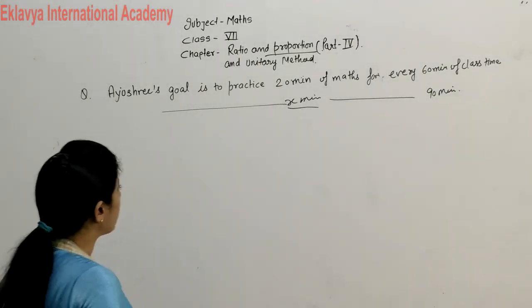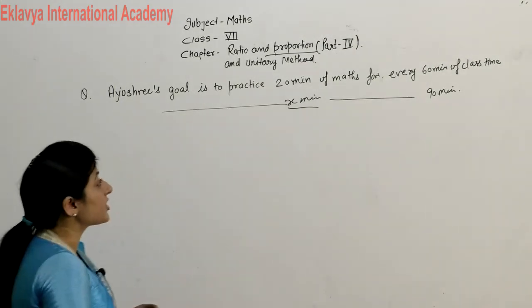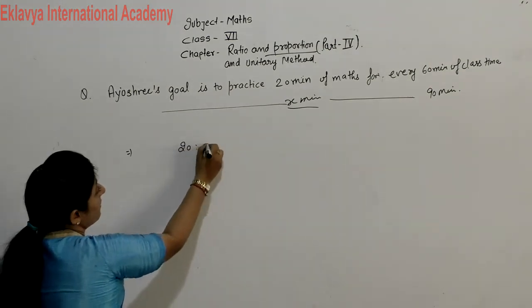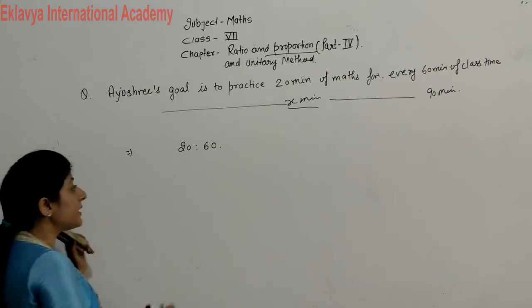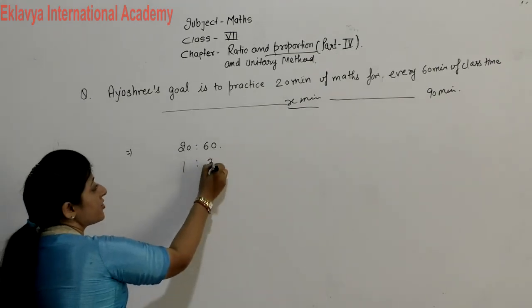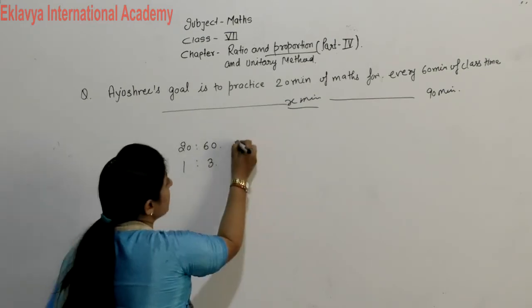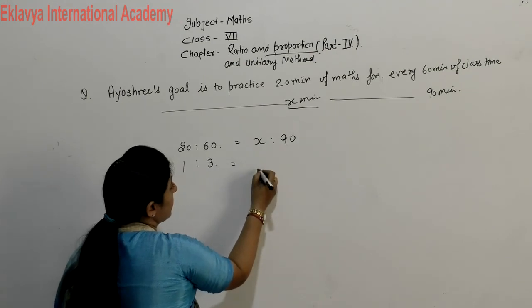Unitary method, this is a proportion method. In the proportion method, Ayushri said 20 minutes of math for 60 minutes of class time. So there is a ratio 1:3. We don't know this one, so it should be equal to x ratio 90.